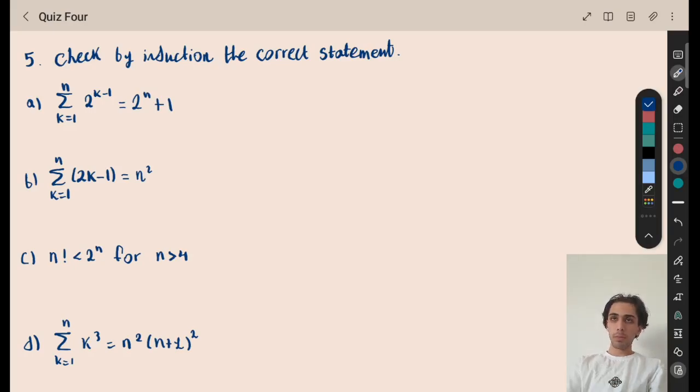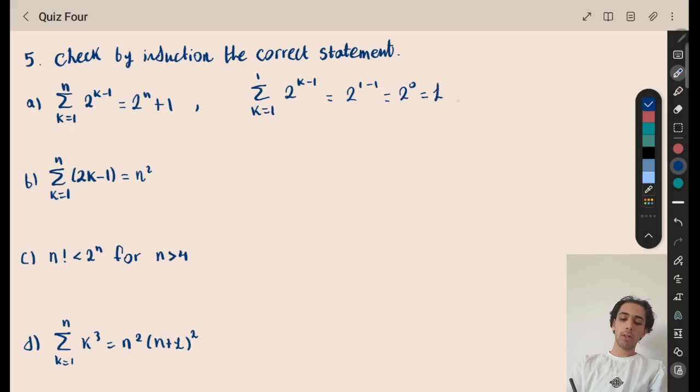Then we just take a look at n is equal to 1. These statements for n is equal to 1. So the sum from k is equal to 1 to 1 of 2k minus 1 is just one term, which is 2 to the 1 minus 1, which is 2 to the 0, which is 1.